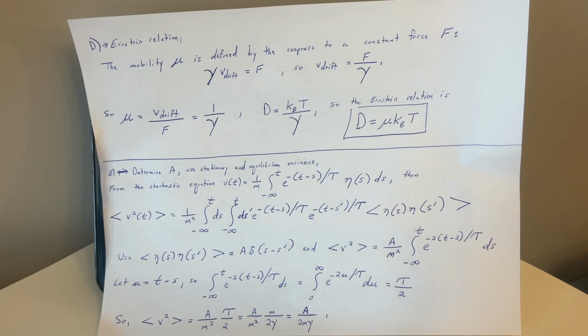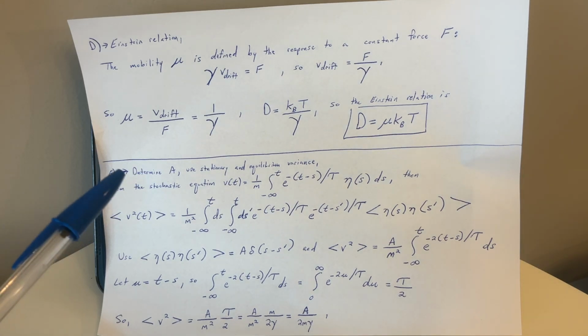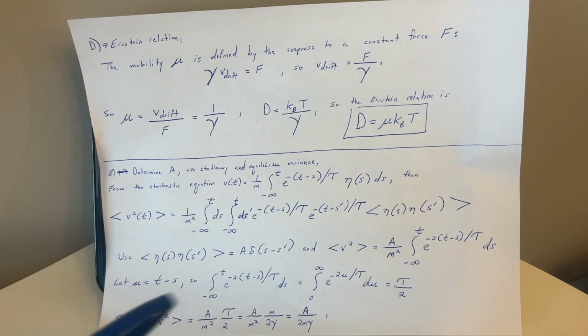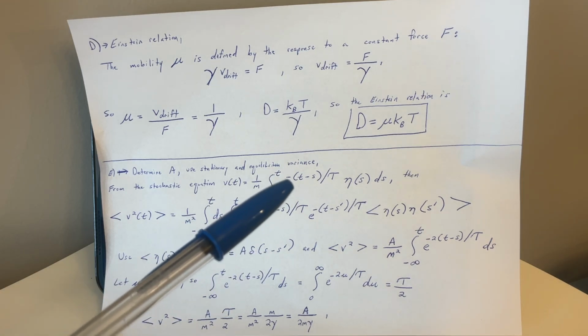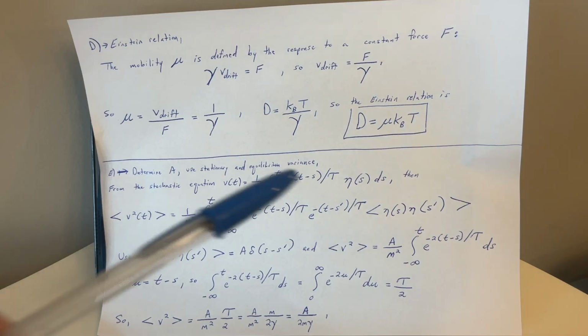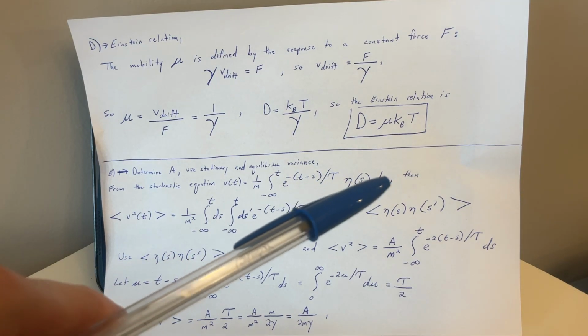And for letter E, they want us to determine the constant A using the fluctuation dissipation theorem. Okay, so part E, determine A. We're going to use the stationary and equilibrium variance. From the stochastic equation, V of t equals 1 over m times the integral from negative infinity to t of e to the negative quantity t minus s over tau times eta of s ds.